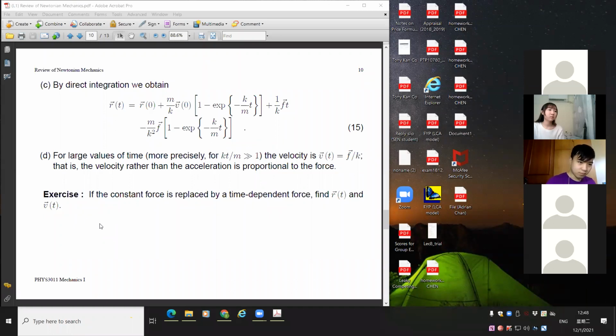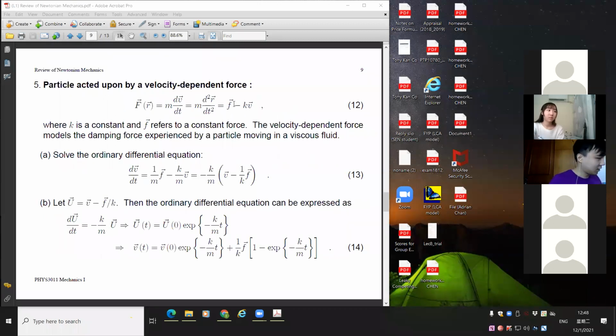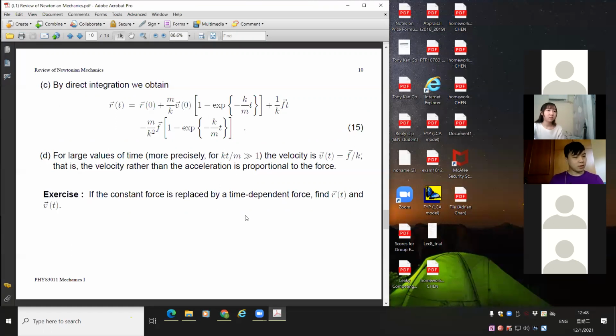Now your TA will ask you this question in the coming exercise class, so you are responsible to provide the answer. So here, this F is no longer a constant force. It is a time-dependent force. So what will be the solution?